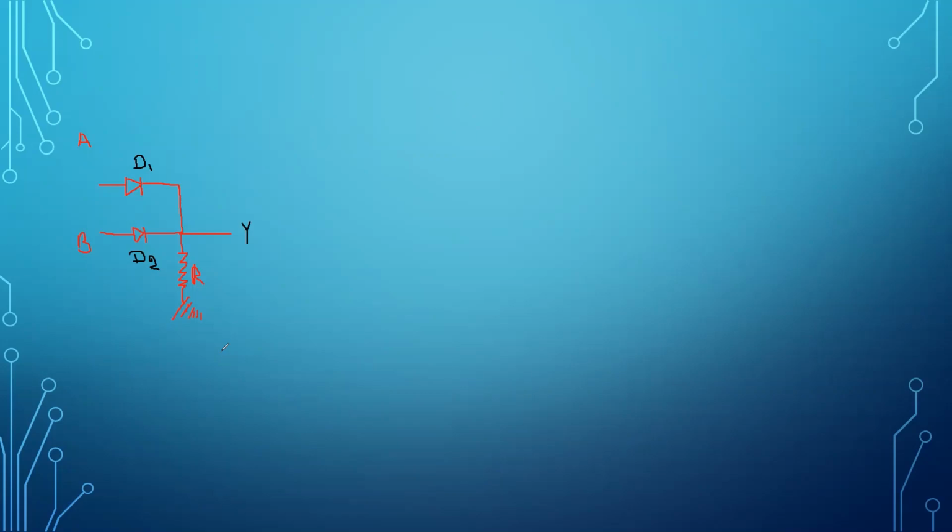We are connecting the cathodes of these diodes to ground. Then we connect the output like this. Now we will come back to check whether the operation of the OR gate comes from this circuit or not. We will check that we are getting the same output using this circuit.